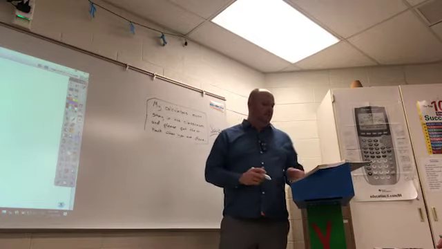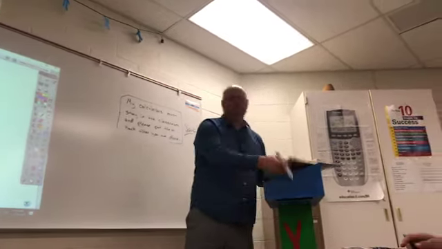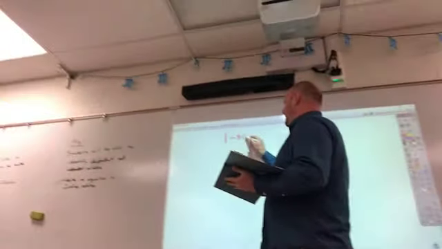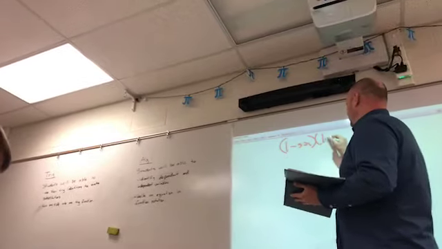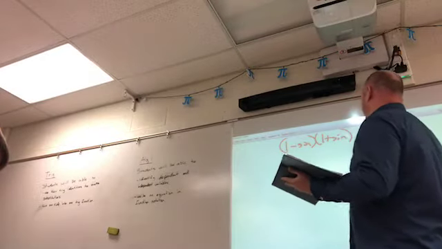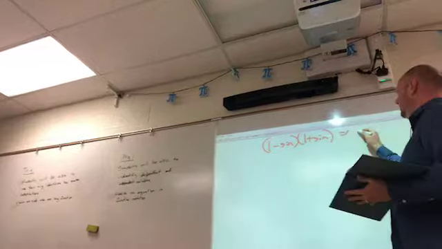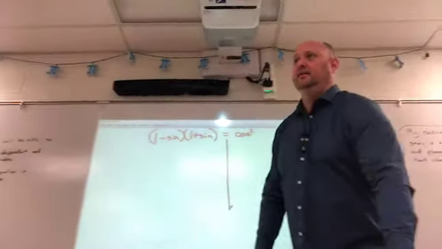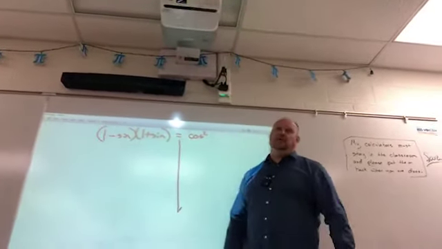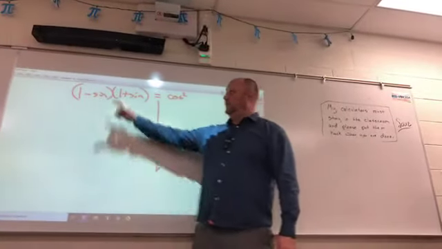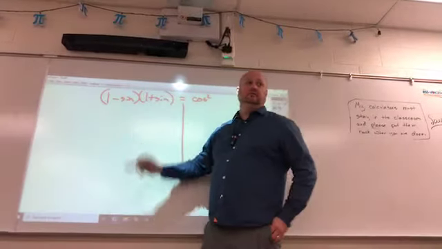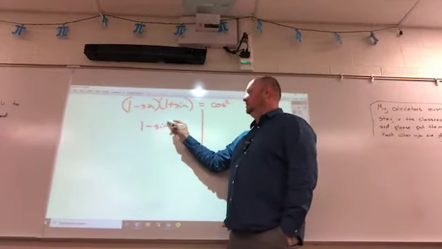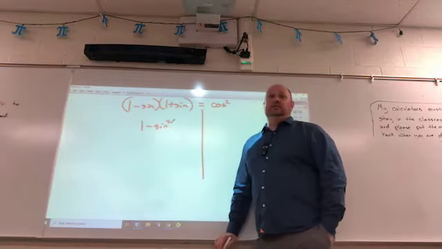Okay, so number 1. 1 minus sine times 1 plus sine is supposed to equal cosine squared. If you FOIL these together, what do you get? 1 minus sine squared, because the middle terms just cancel.